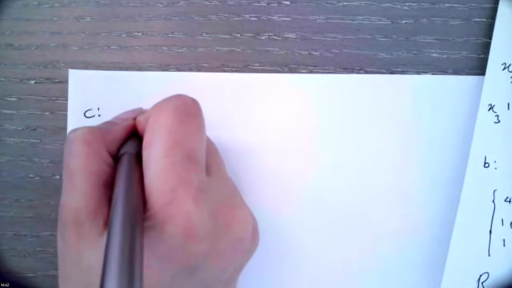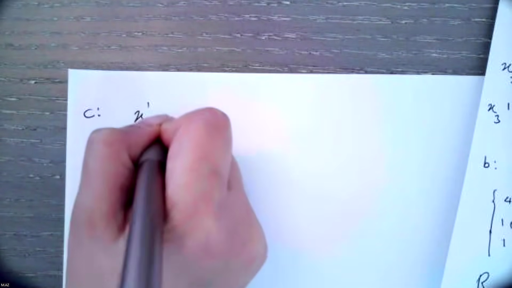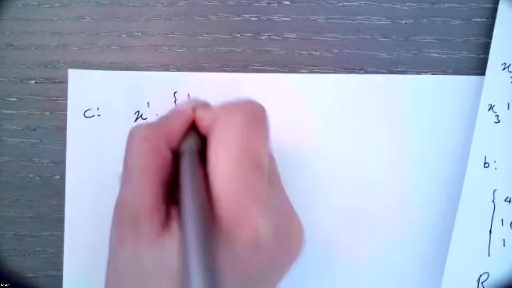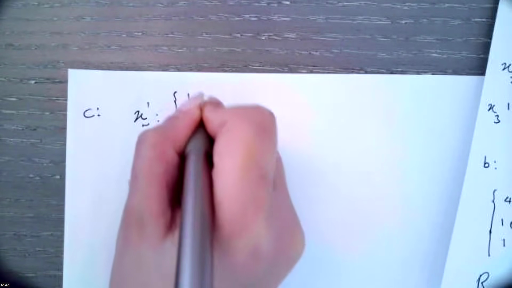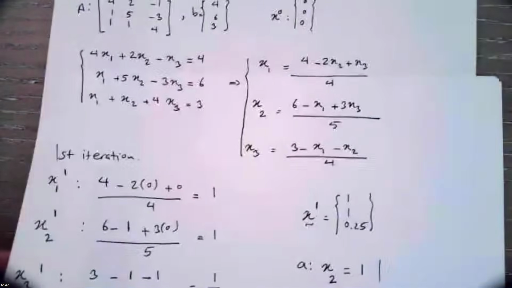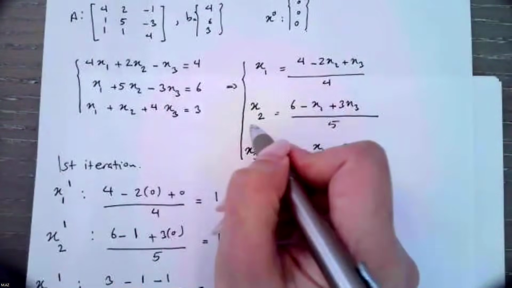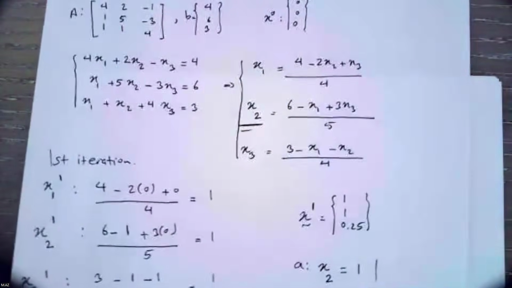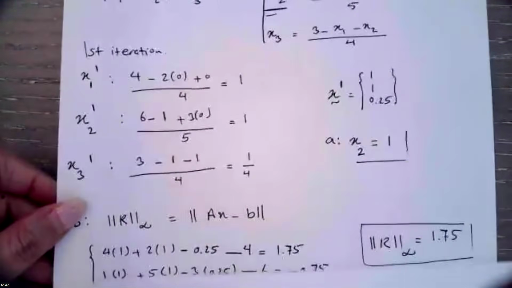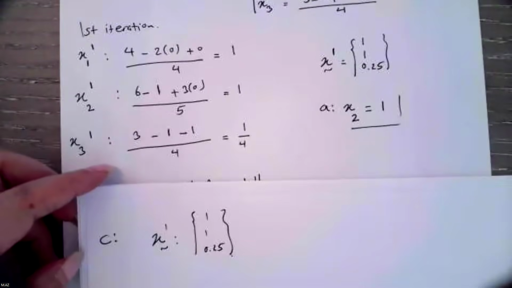This is part C. This is the vector of x after the first iteration. And now we plug into this rearrangement for finding the value of x2.